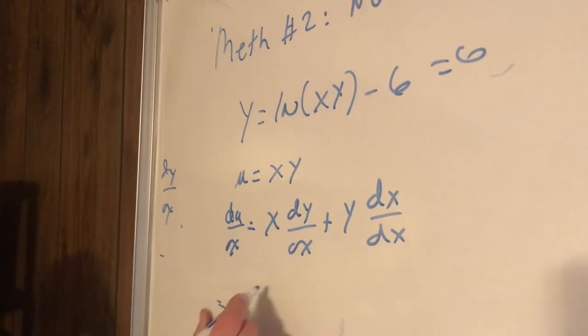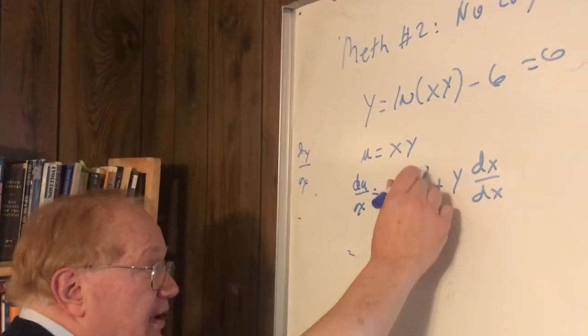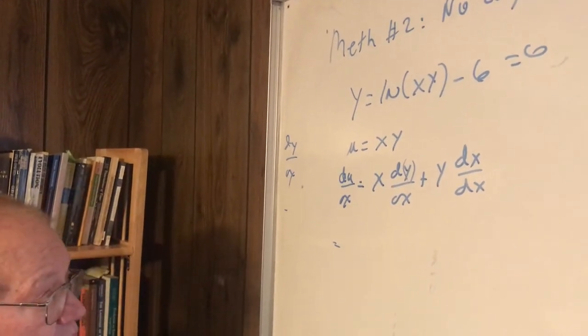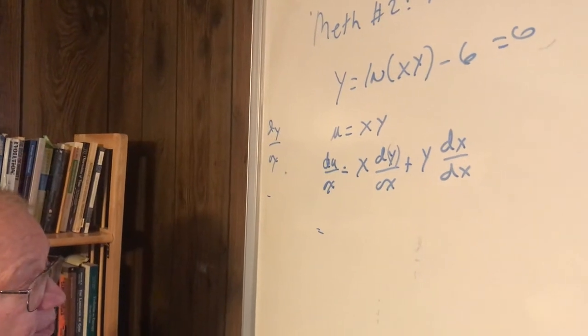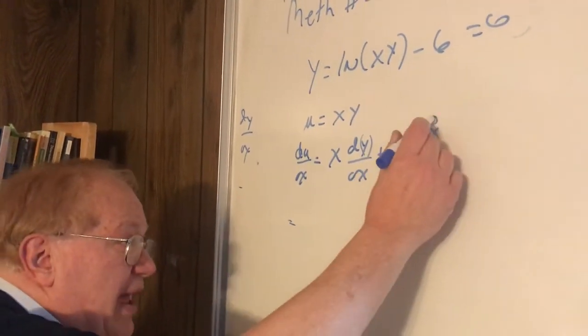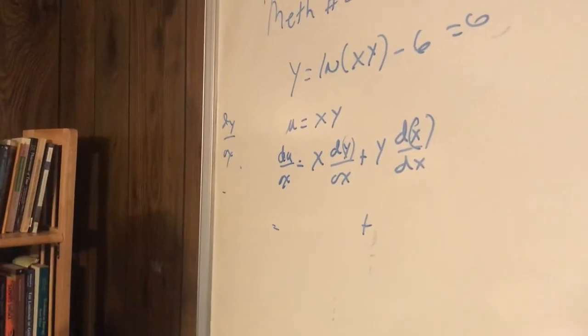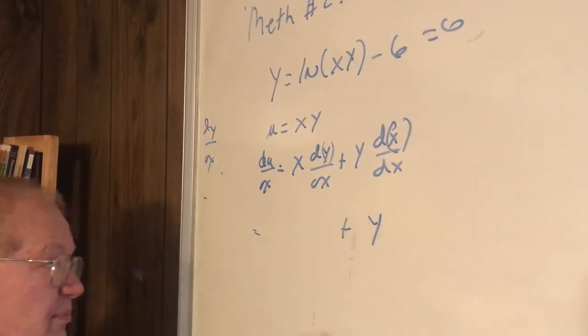Now I cannot take the derivative of y with respect to x directly, since that is a y, so I have to use the chain rule here. What's the derivative of x with respect to x? Well, it's just a constant in front. So this is going to be y times 1.